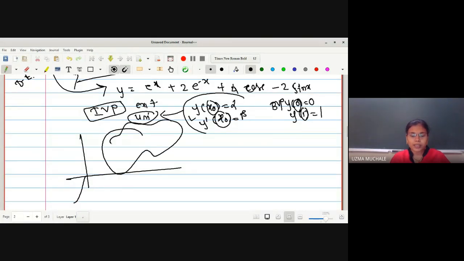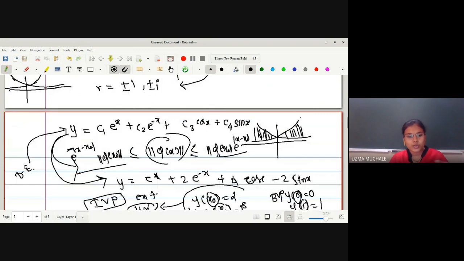Let us assume this is the space of solutions of a differential equation, and it may have different curves. Out of all those curves, we can have one single curve which will be passing through these two points, and hence it is called uniqueness. Now let us see what will be the meaning of uniqueness.